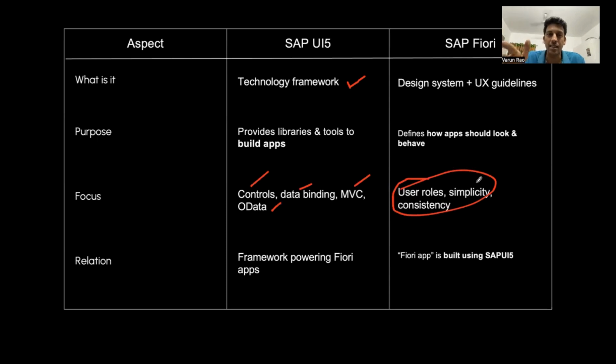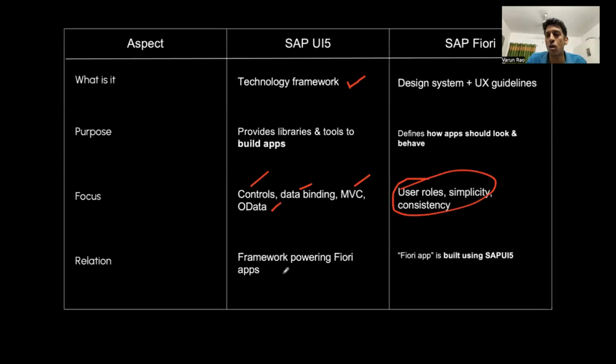simplicity and consistency. Last but not the least, SAP UI5 is a framework that can also power Fiori applications, but it is not the other way around. Fiori applications do not power SAP UI5. So SAP UI5 any day has a greater command because you know how to build, you know how to take in the custom requirements, and you know how to work with libraries, and you know how to get things done.